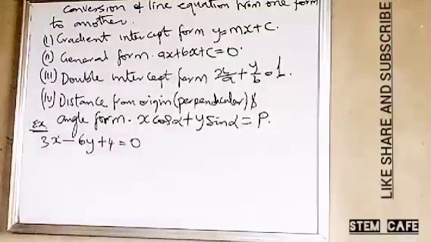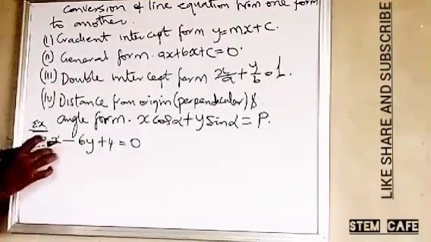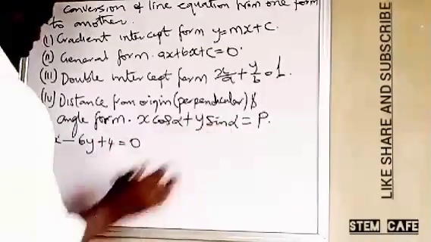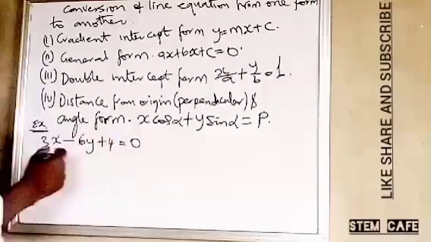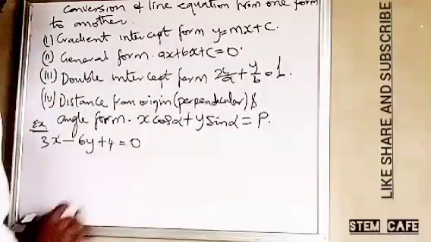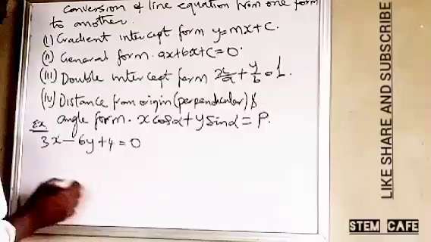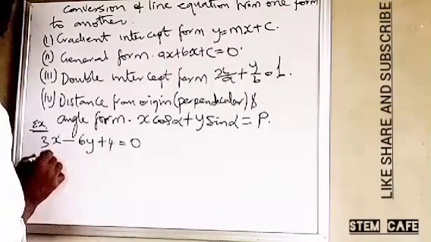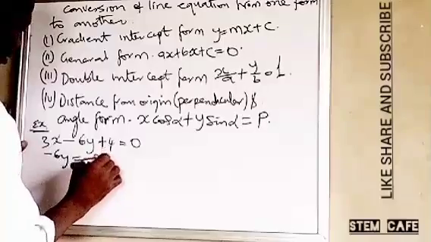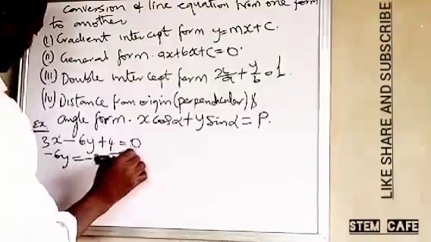I will give you one example now to illustrate this. Let's quickly look at this example. We have 3x minus 6y plus 4 equals 0. This is general form. Now, to convert it to gradient intercept form, we make y the subject of the formula. And how do we do that? We have it like this: minus 6y is equal to minus 3x minus 4.